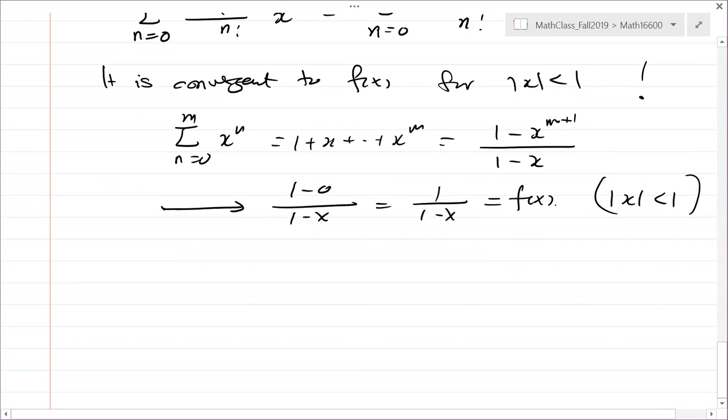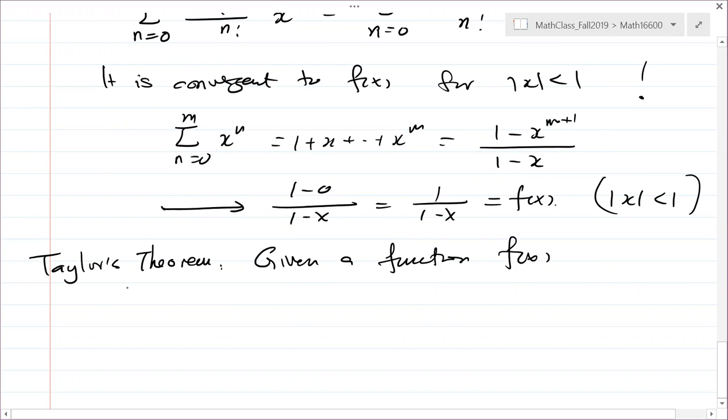So here's Taylor's theorem. Given a function f of x on some interval I, I can draw the picture here.